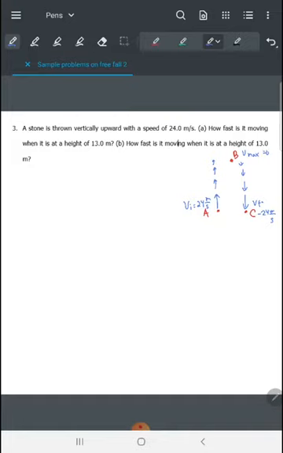How fast is it moving when it is at a height of 13 meters? Hindi sinabi na yun yung maximum height. So, lagay natin dito, Y here is 13 meters. So, at this point, pinapahanap sa'yo yung speed niya. What's the speed here?